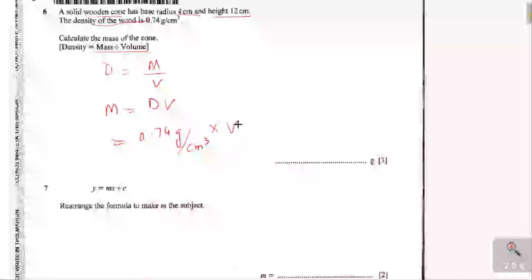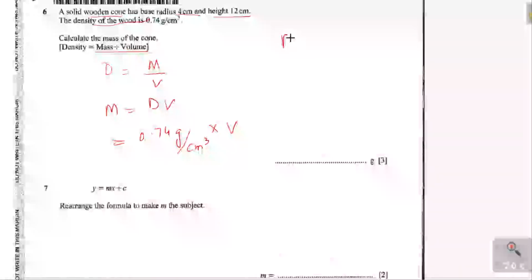Next question number 6. A solid wooden cone has radius 4, height 12, and density of wood is 0.4 gram per cubic centimeter. Calculate the mass of the cone. Look here, the density equals mass over volume. Then mass equals density into volume. The density here is 0.4 gram per cubic centimeter, and volume is not given here.